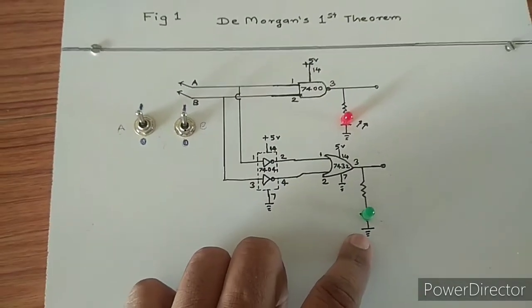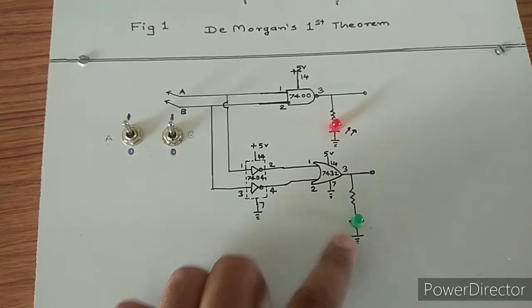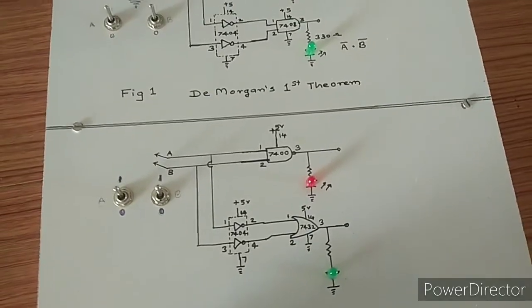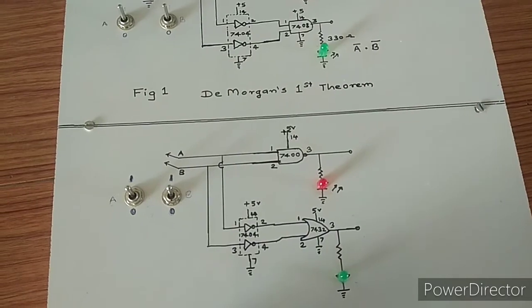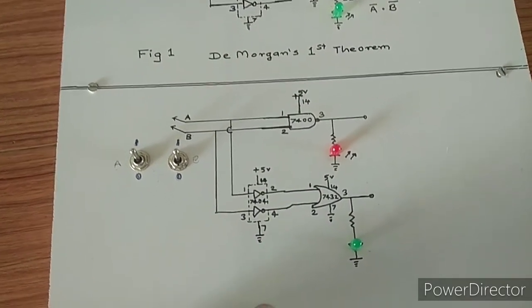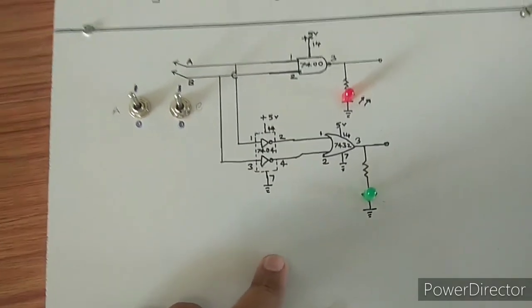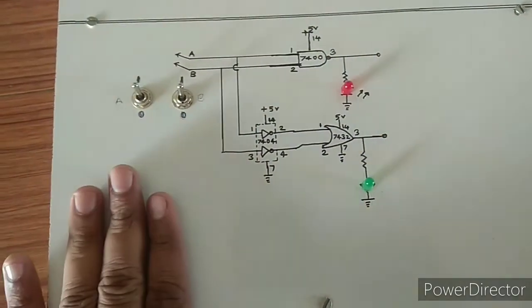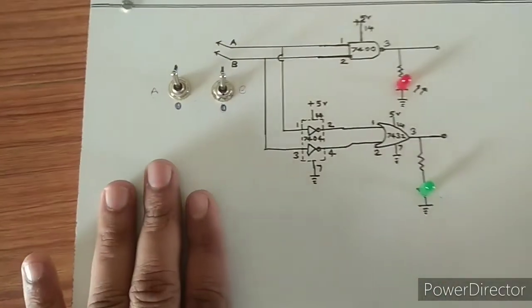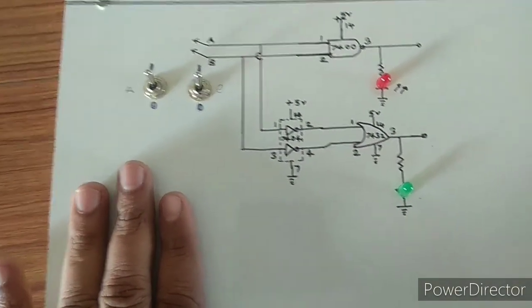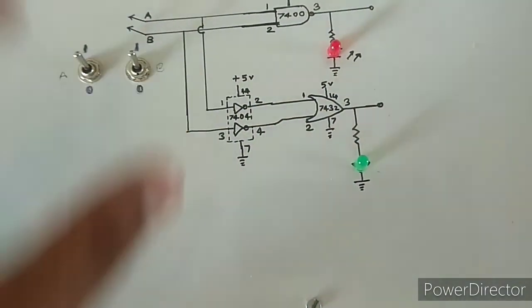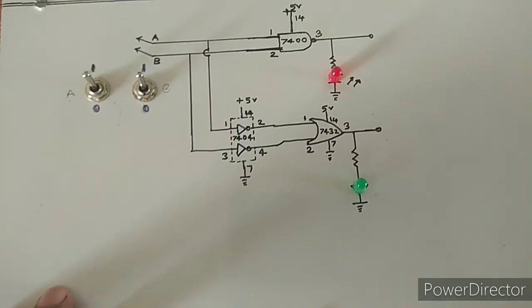So in this way we can explain De Morgan's second theorem, that is the complement of the product is equal to the sum of the complements. So in this way we can check the truth tables of the first law and second law, and we verify that both the truth tables are correct. Thank you.